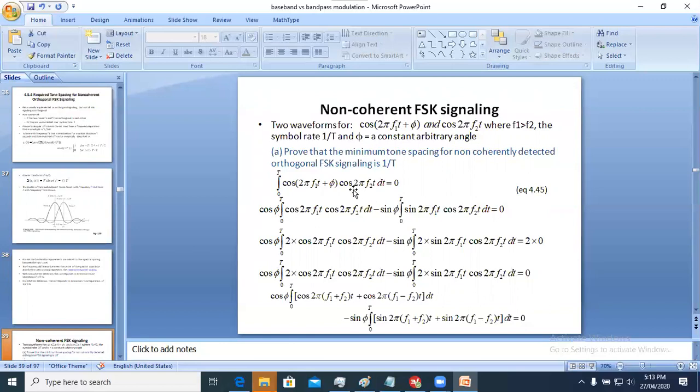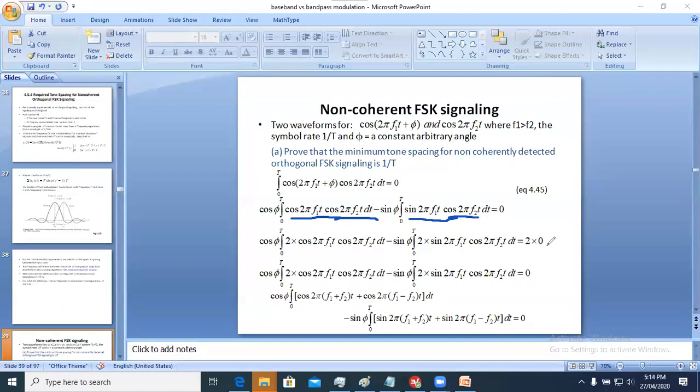Then we multiply this with cosine 2 pi f2 t, which is multiplied by this component. Now we have this and this part together, which we multiply by 2 and divide by 2 on both sides of the equation.